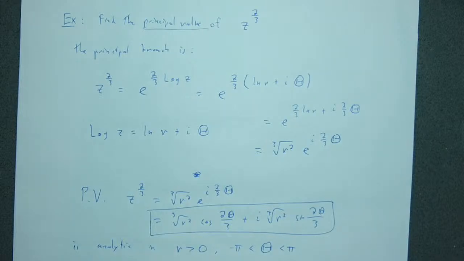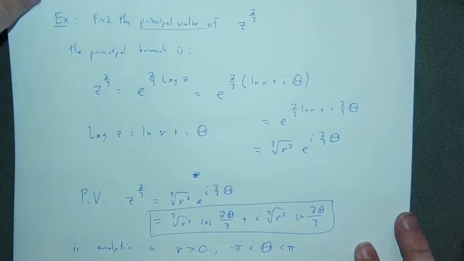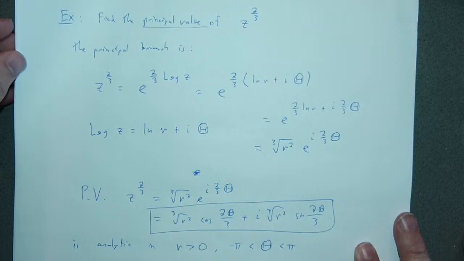So that's just yet some more to add to your arsenal, right? So we are slowly building our arsenal of complex functions in order to be able to talk more expansively about calculus stuff that we want to do to them, right? And so we have talked about polynomials, rational functions, the exponential function, log function, and now the power function.